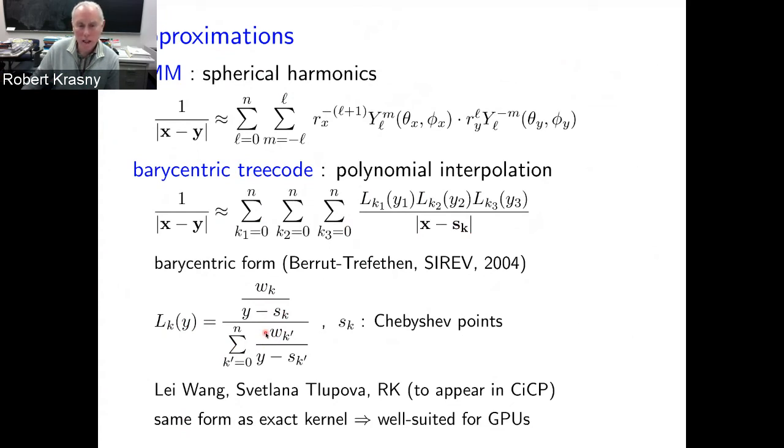You see, the other thing is each term over here is independent. So for each choice of K1, K2, K3, these terms can be computed simultaneously. There's no recurrence at all here, and that's why each K1, K2, K3 is like a different thread on the GPU.